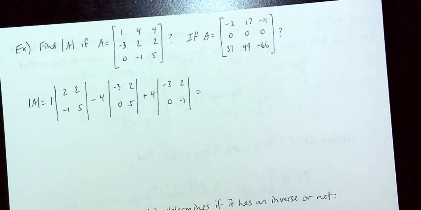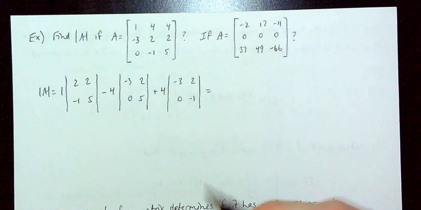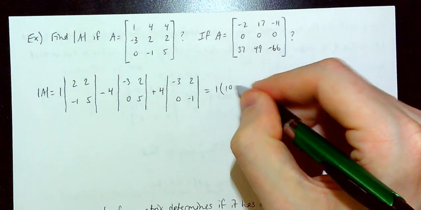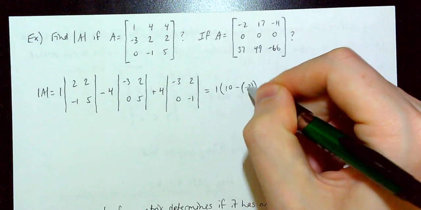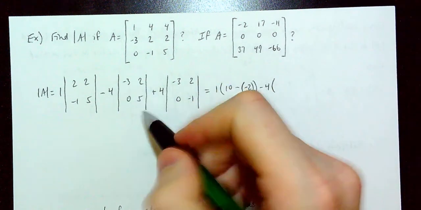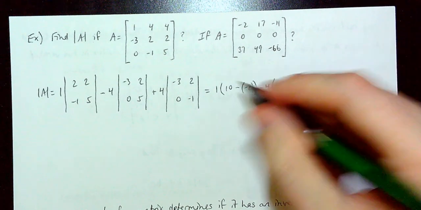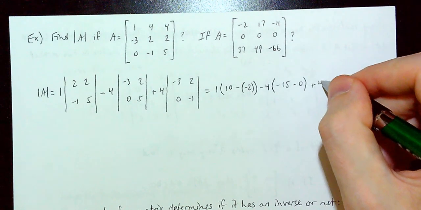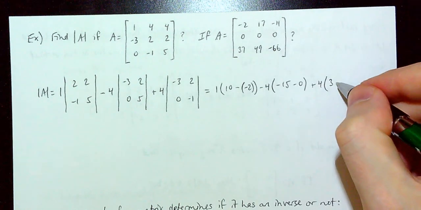All right, so now let's find some other determinants here. I have 1 times 2 times 5 minus 2 times negative 1, minus 4 times negative 3 times 5, negative 15, minus 2 times 0, plus 4 times negative 3 times negative 1, minus 2 times 0.